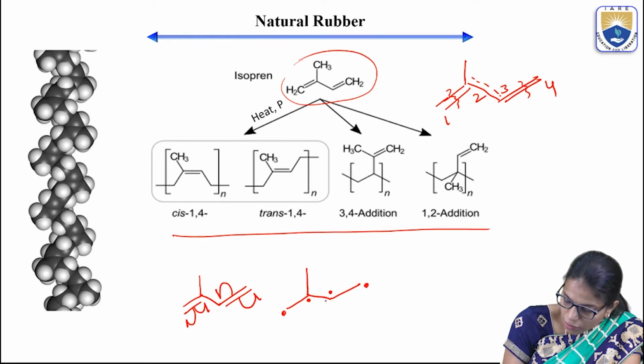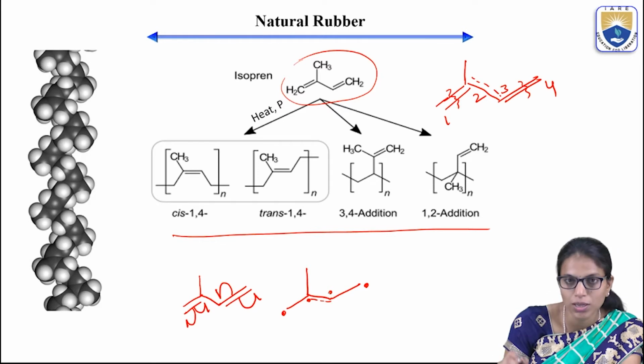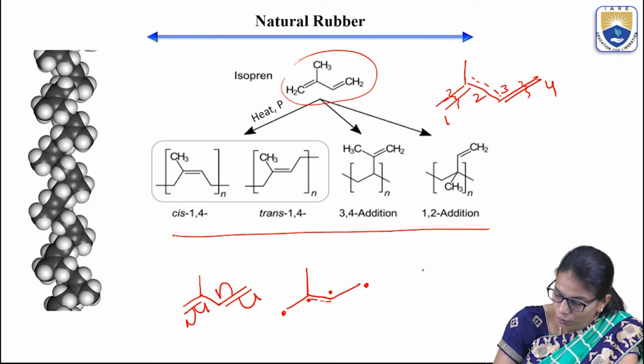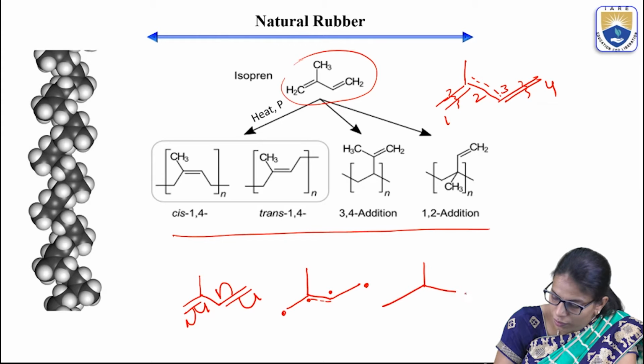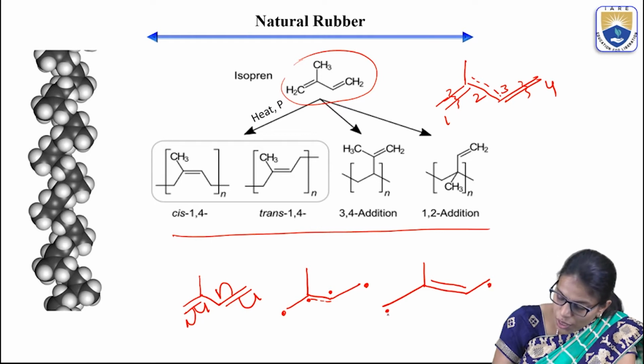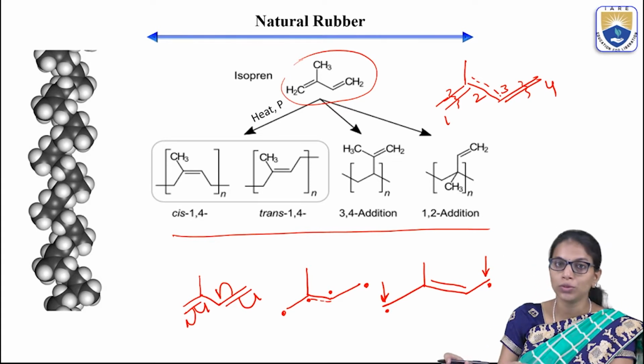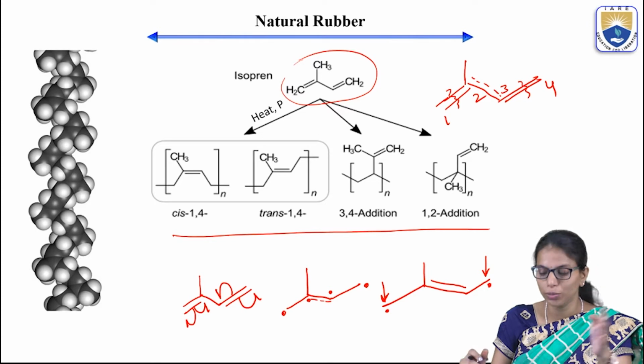Whenever two free radicals form on adjacent carbons, they will form a double bond with this electron. So again it will be here 1 and here 1. That's what I am talking about, 1 and 2. This position is vacant where any other molecule will bind together and form a polymer.